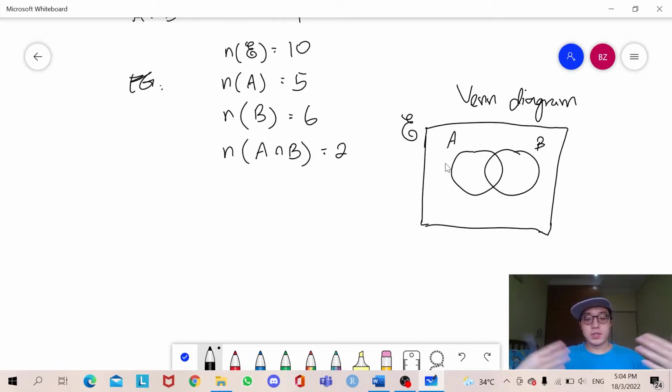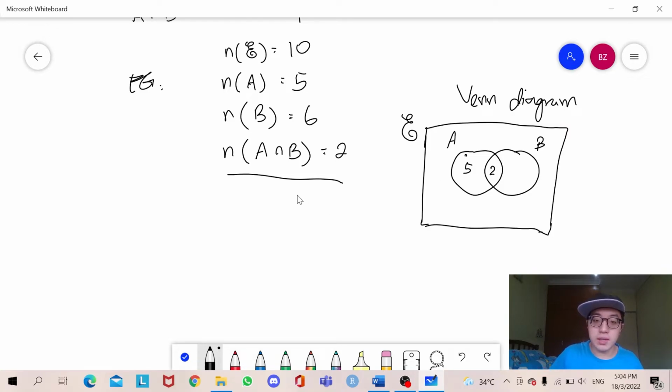First thing first, we're going to look at the smallest thing, which is this. The number of elements of A intersect B is 2, so we'll write 2 here. The reason why we don't write the number of elements of A, 5, here is that A intersect B means A already has 2 elements there, so this would make the number of elements of A equal to 7, because 5 plus 2.